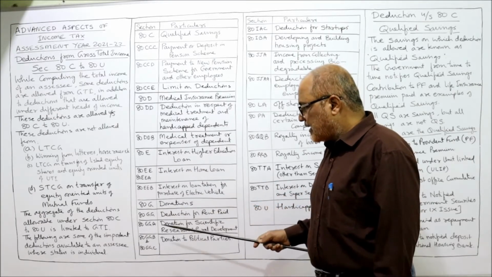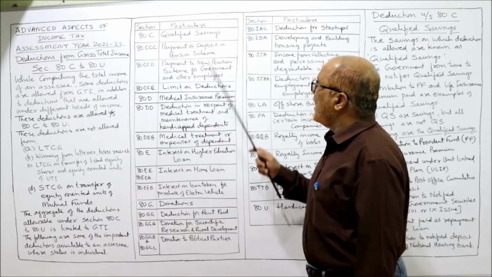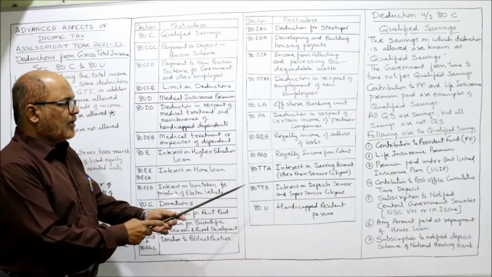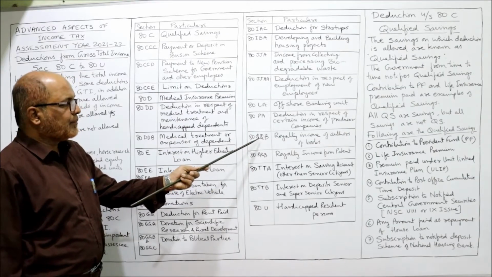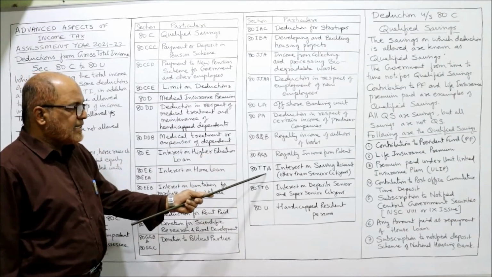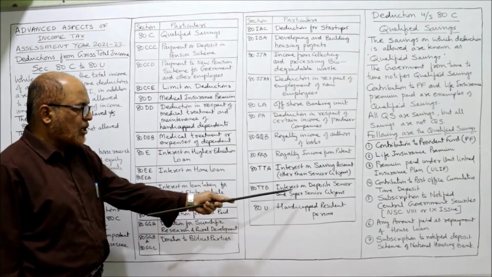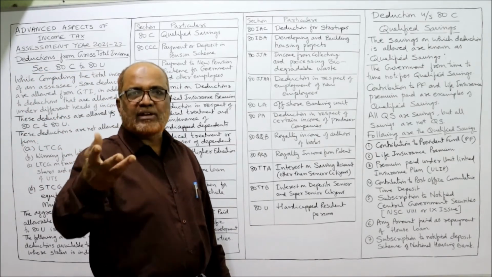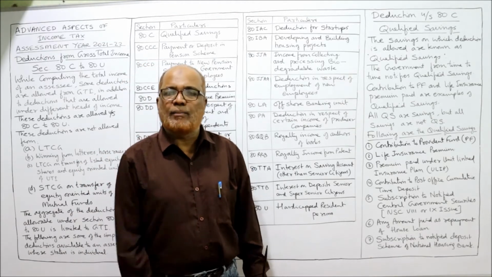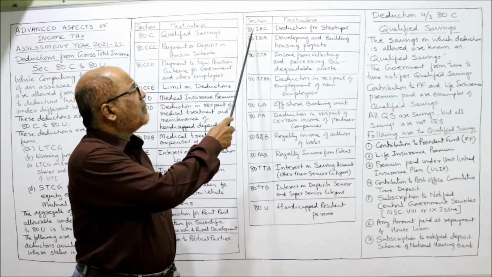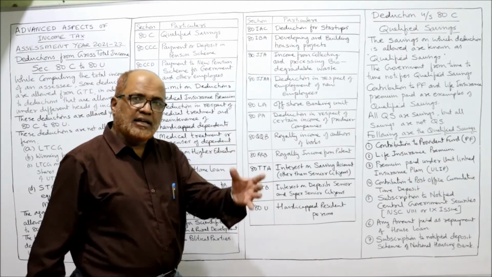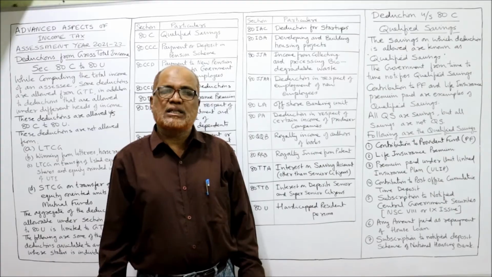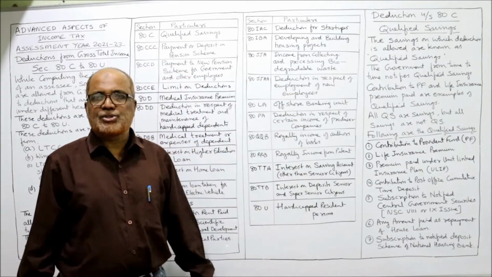Then next one is 80GG, and next 80TTA. And 80QQB, that is royalty, and 80TTA, interest on saving account, interest on deposit. These deductions which I have explained will frequently come in examinations. Other deductions will rarely come, and in the coming problems they will very rarely be asked.